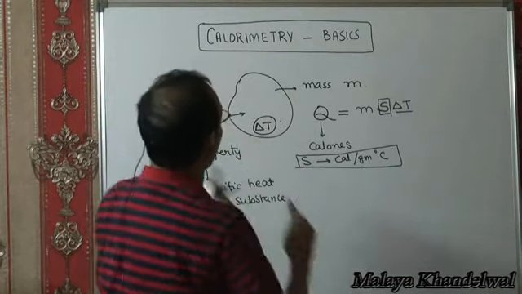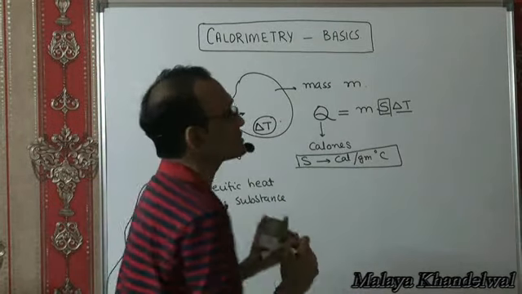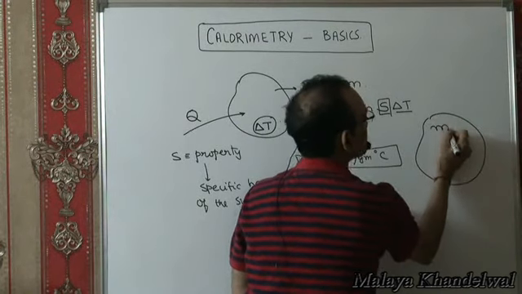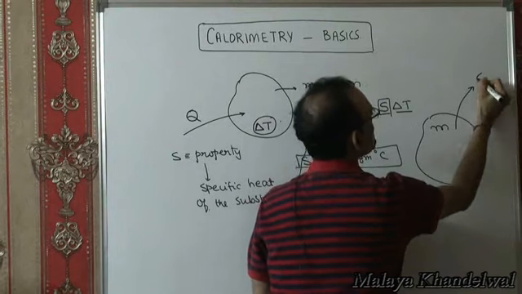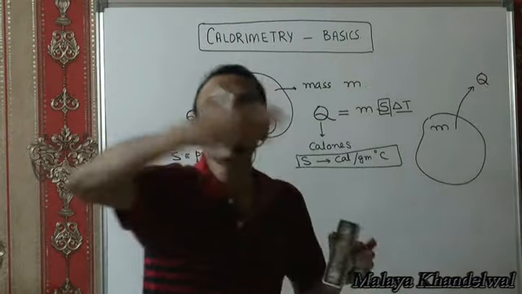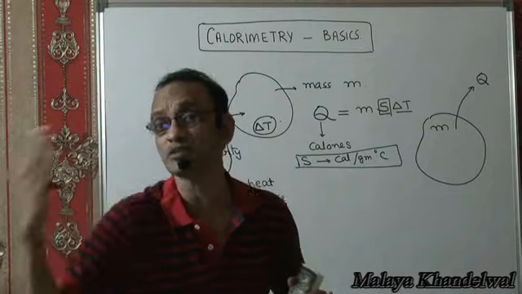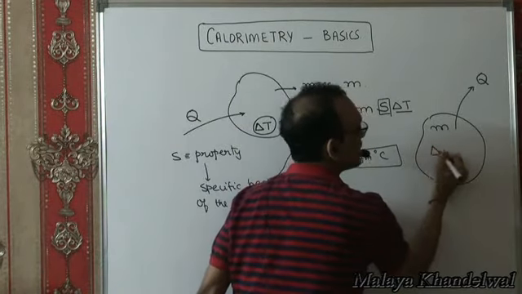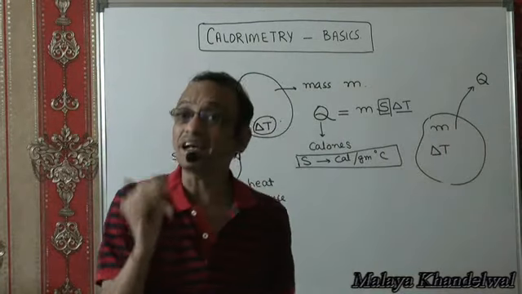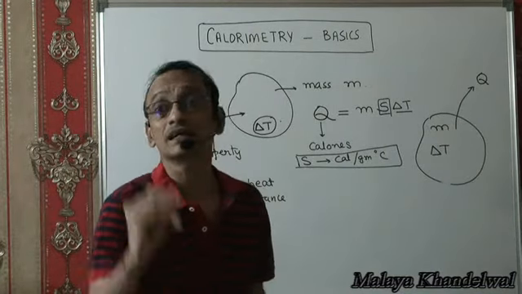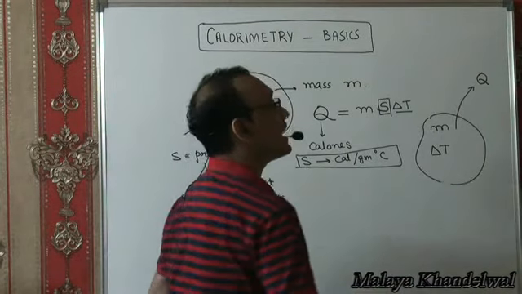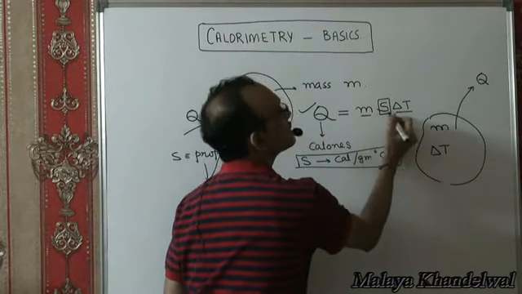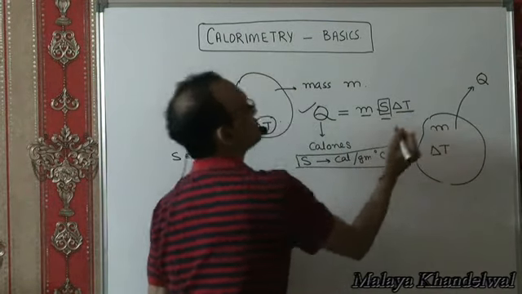And whatever I've said of heat gained by the substance, if there is this substance of mass m and it rejects a certain amount of heat Q, that means it liberates a certain amount of heat Q for some reason or the other, then there is a decrease in temperature, delta T. And once again, the heat that is rejected will be given by mass into specific heat into decrease of temperature.